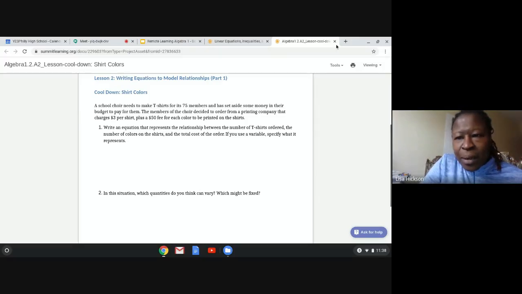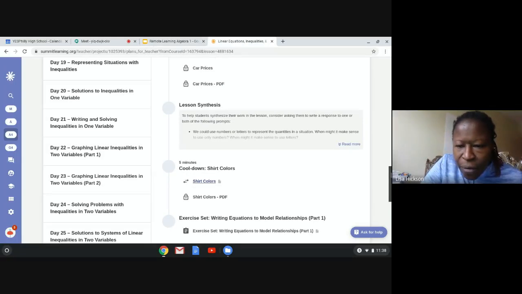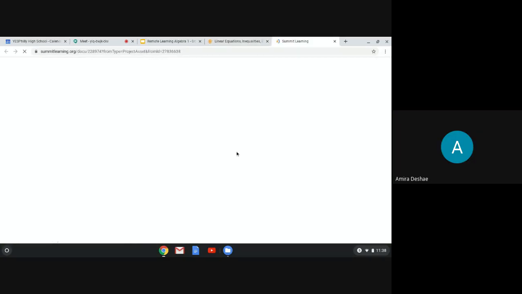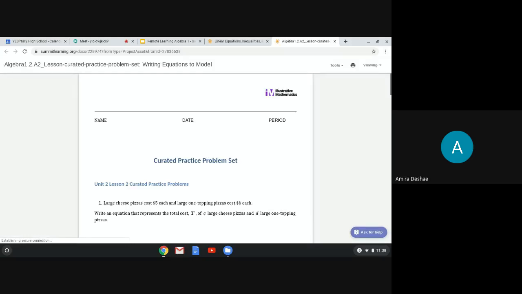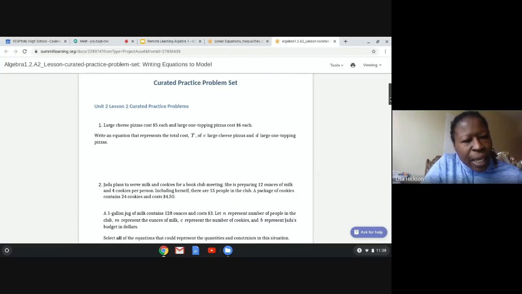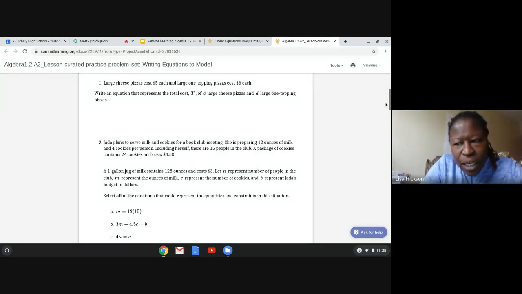And lastly, your second set of problems is here. Same concept. You are creating equations and expressions given a situation. So the first one, you're going to write an equation, and they told you what the variables represent.